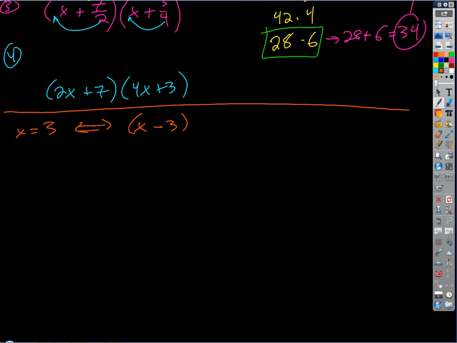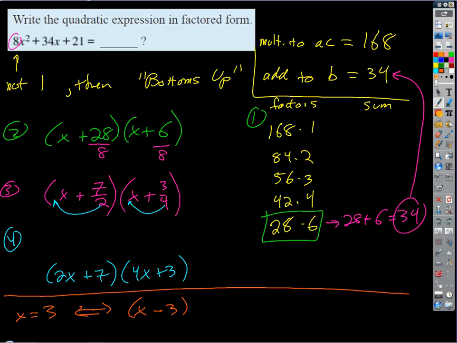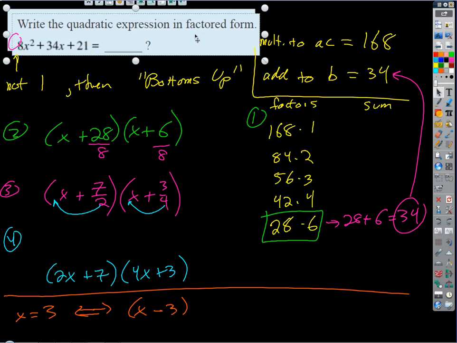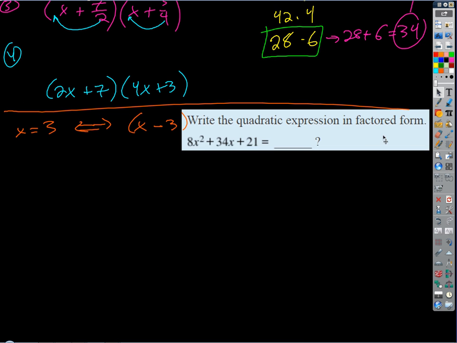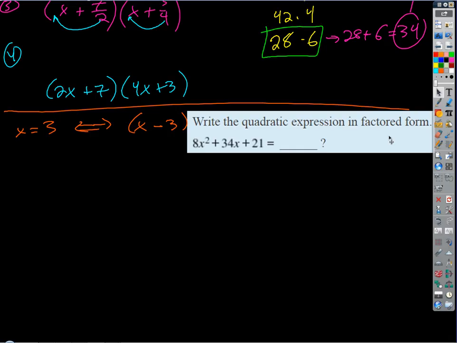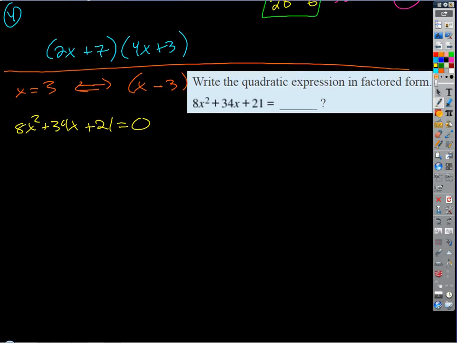Okay, so let's take our original equation again. So here's another approach. We could set it equal to 0, find the zeros, turn them into factors. So if we take the equation 8x squared plus 34x plus 21 equals 0, well, that's just a quadratic formula problem, right?